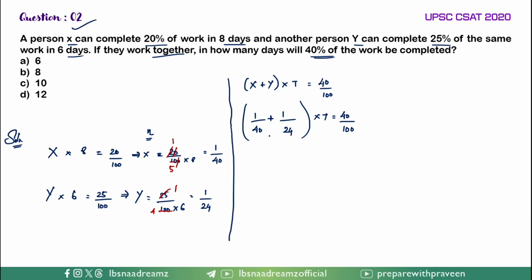So let us take the LCM of 40 and 24. So 120. So the LCM of 40 and 24 is 120.